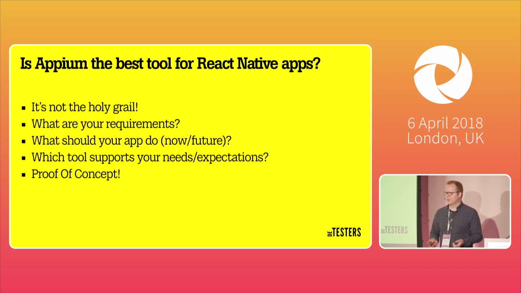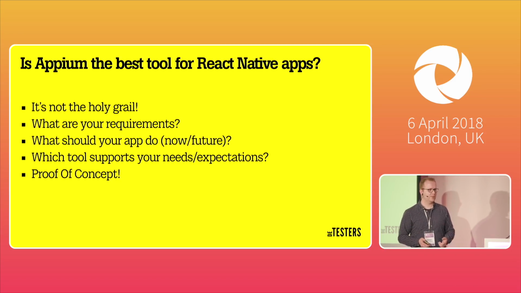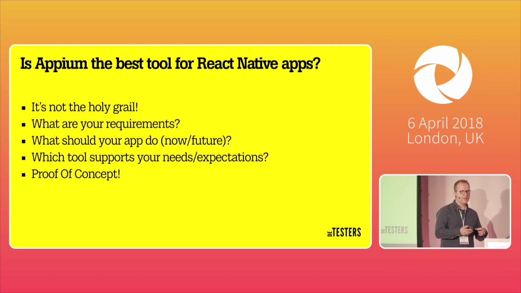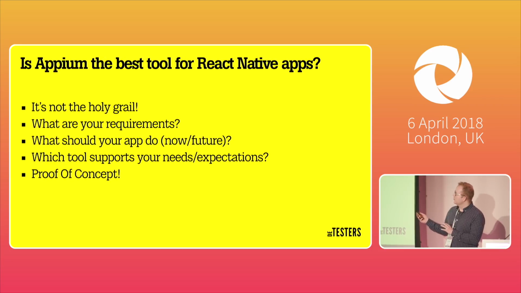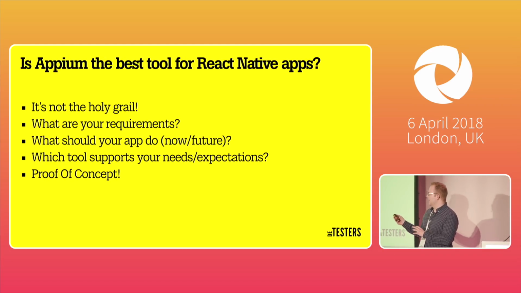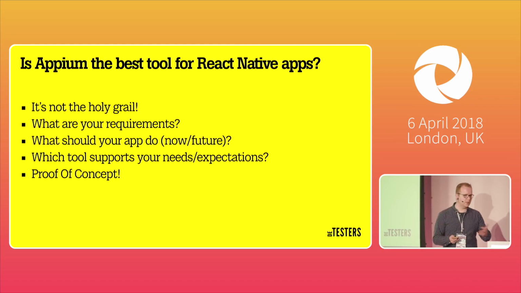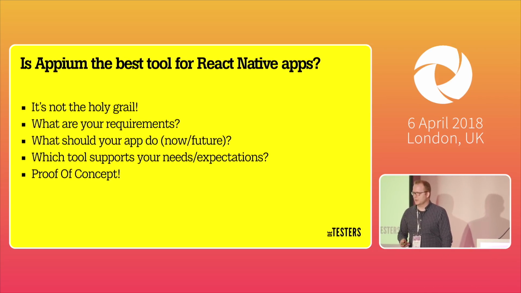Documentation is nice, webinars are nice, but with all that documentation, there are only positive stories, because no one is going to say, oh, my tool is crap, but just use it. No one is going to say it. So do a proof of concept, and then you will see if it really supports your needs and your expectations. So these were the points, and depending on the project I get in the future, I will use Appium, but first I will investigate this.